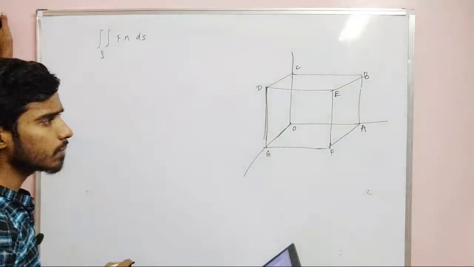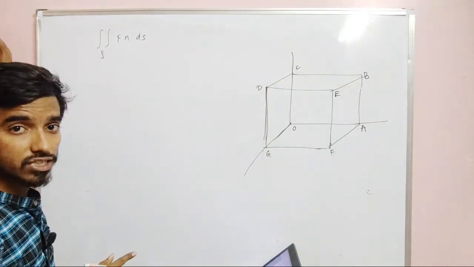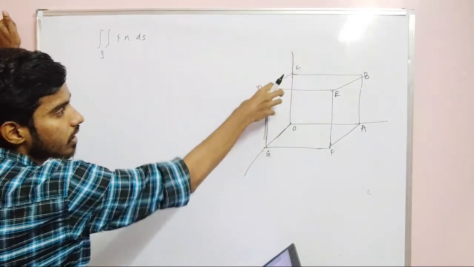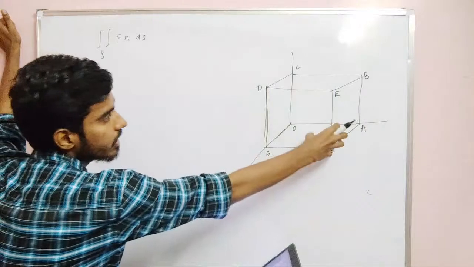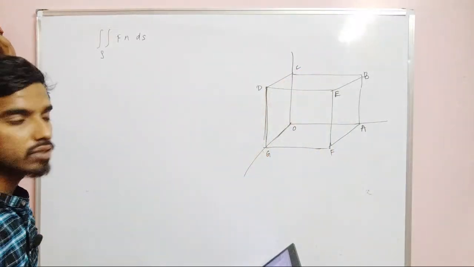Now I am going to split this into 6 parts. How many faces are here? There are 6 faces. You can see the front side, back side, left, right, and top and down. So I am going to split this into 6 parts.